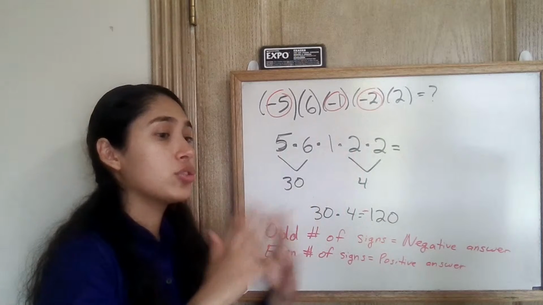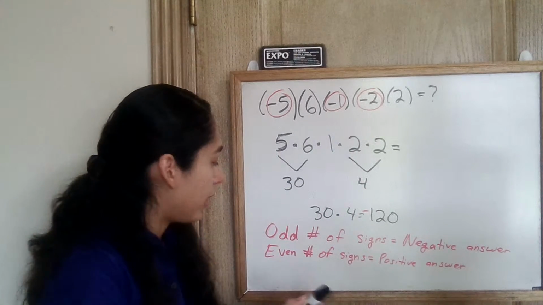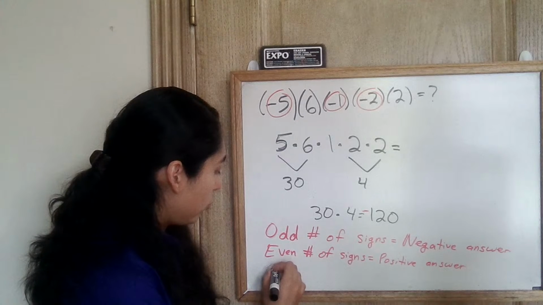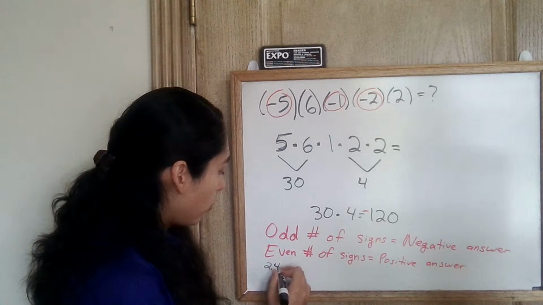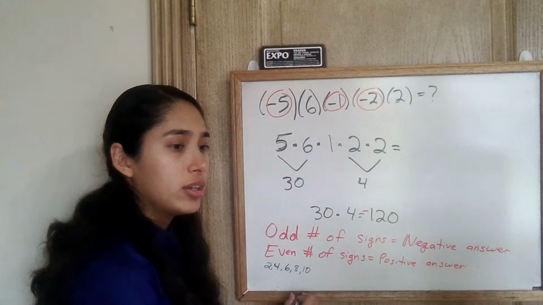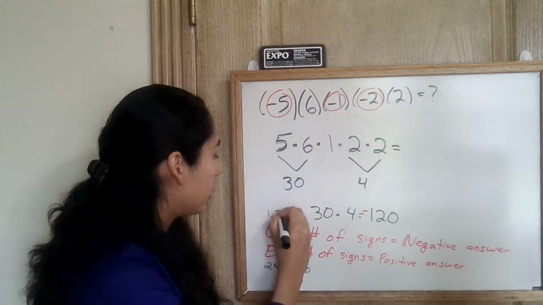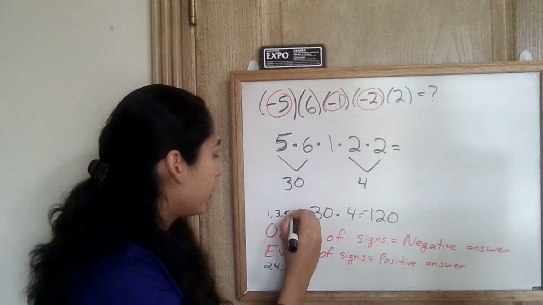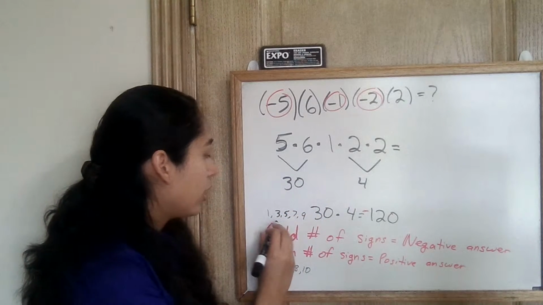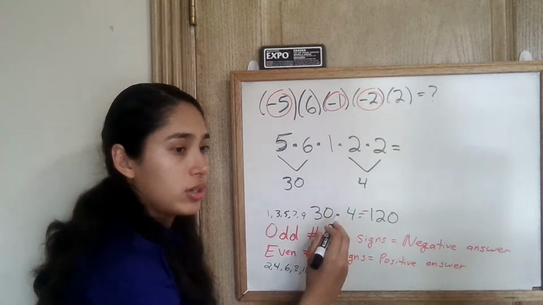You can't cancel those out. Even values like 2, 4, 6, 8, 10 each have their pair, so they cancel out. Here we have 1, 3, 5, 7, 9. All of these are going to have one extra.